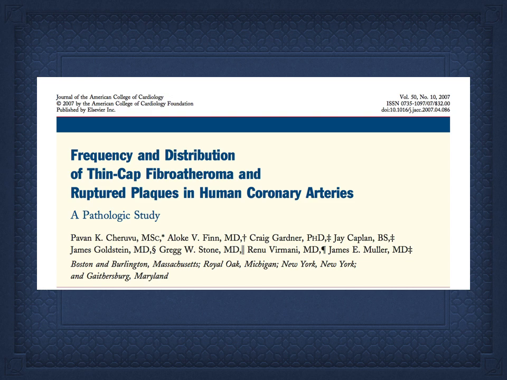Now, we've looked pretty extensively through the literature dating back to Patterson in the 1930s, and this is the only paper we found that substantially looked at plaques longitudinally, and this is by Stone, Virmani, and Muller, prominent scientists in cardiology, but they were looking for the relative distribution of TCFAs in coronaries.